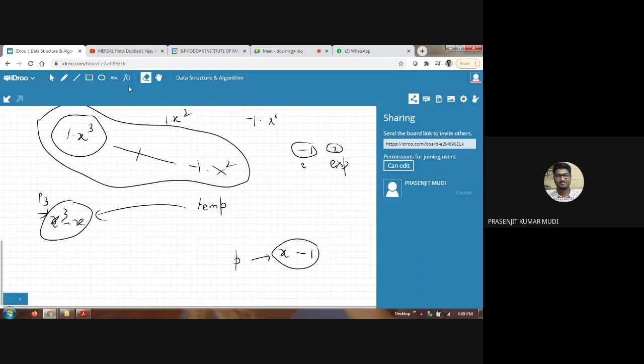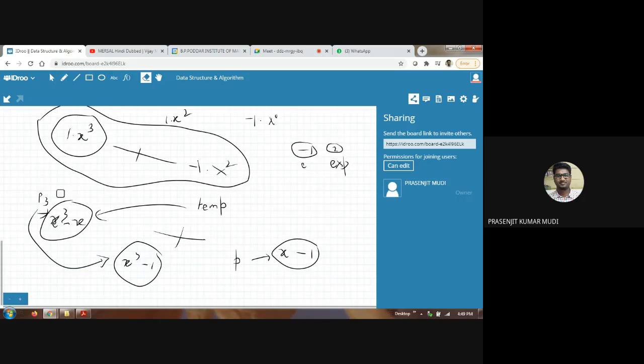Okay, so now in this situation, what is happening? Temp is pointing towards the resultant polynomial so far, and this is the newly constructed temporary polynomial. And the polynomial addition function is supposed to add these two, the polynomial pointed by p and the polynomial pointed by temp. So these two will be added to get a resultant polynomial as x cube minus x plus x minus 1, that is x cube minus 1. And that will be pointed by P3.